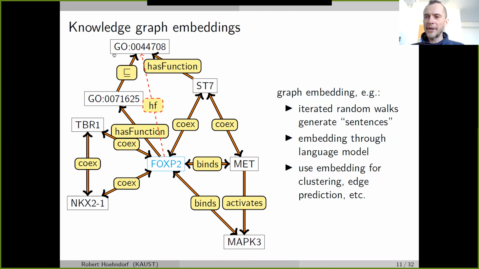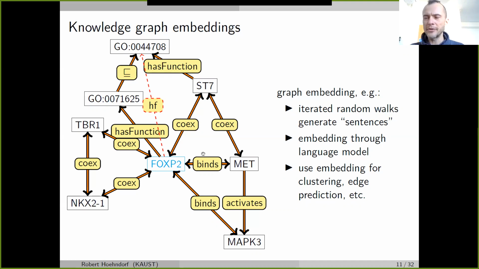There's no unique way in which we can project a formal knowledge base into a graph, but there are several different approaches for this. But the key point here is this dotted line. You see that FOXP2, a protein, has this function, this GO class, which is a kind of behavior.